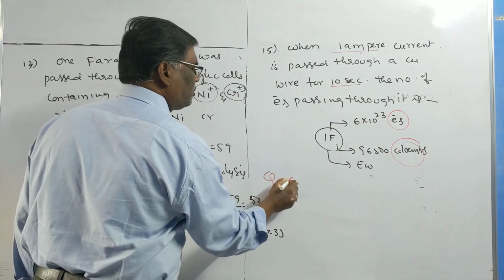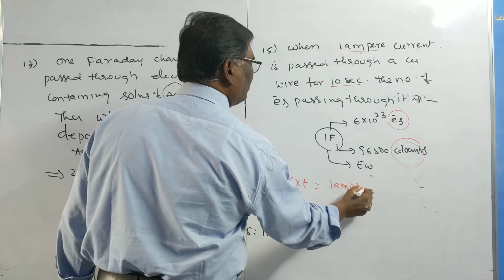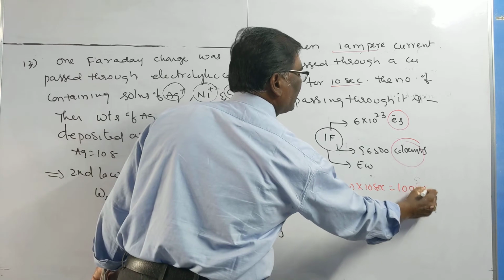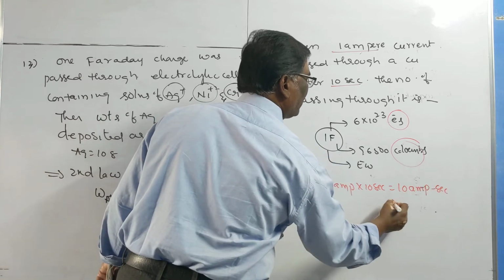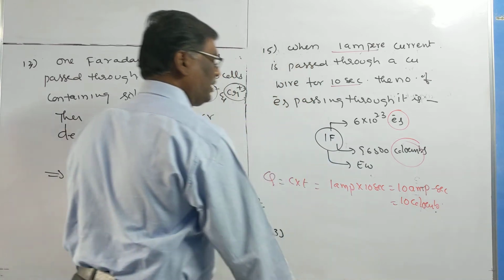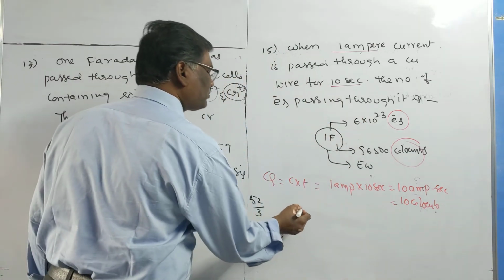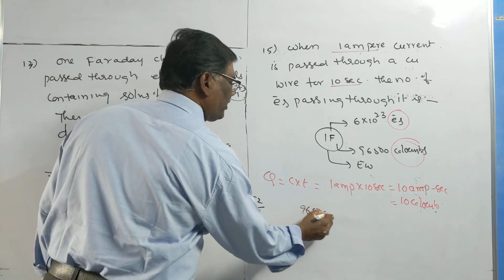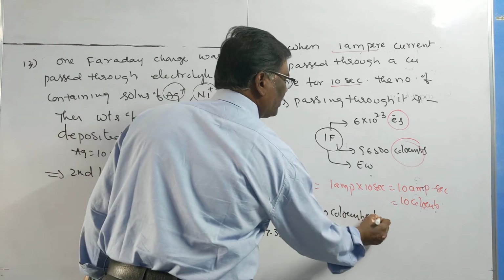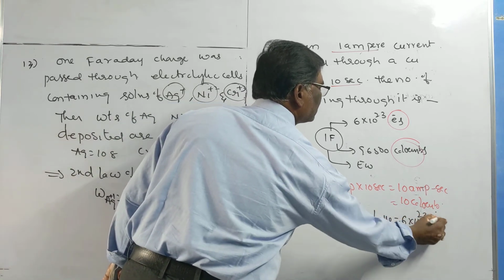So Q is equal to C into T is equal to 1 ampere into 10 seconds, nothing but 10 ampere second. 10 ampere second is taken as 10 coulomb. Okay. Now what is the concept? We know 96500 coulombs have 6 into 10 power 23 electrons.